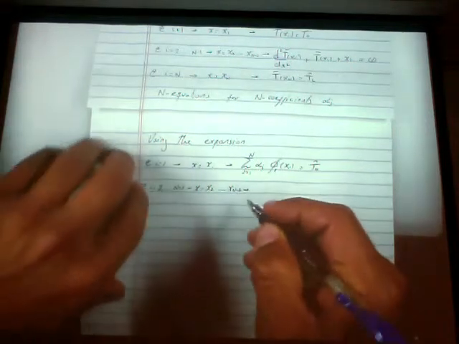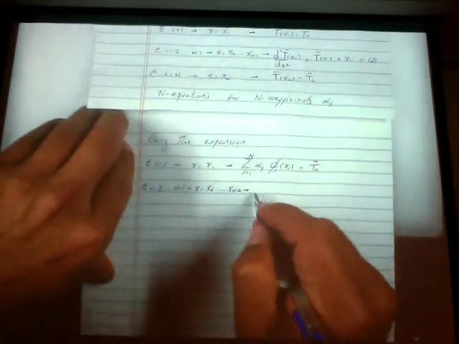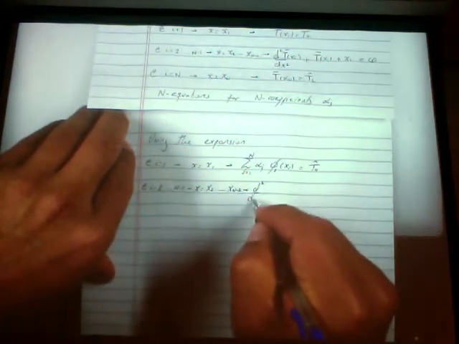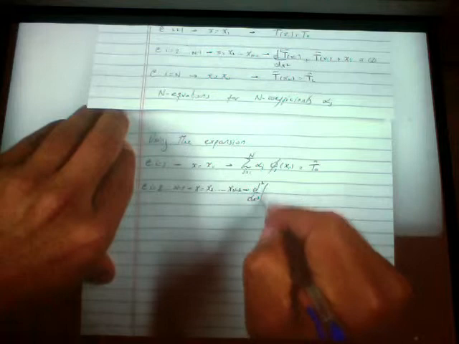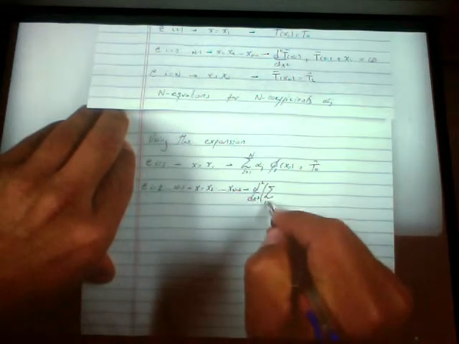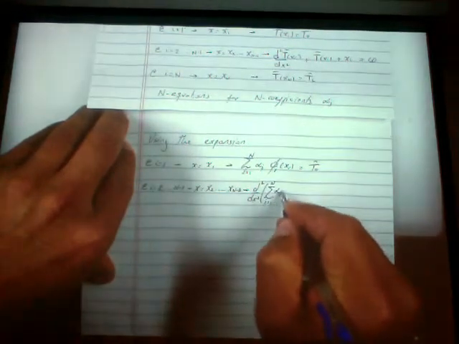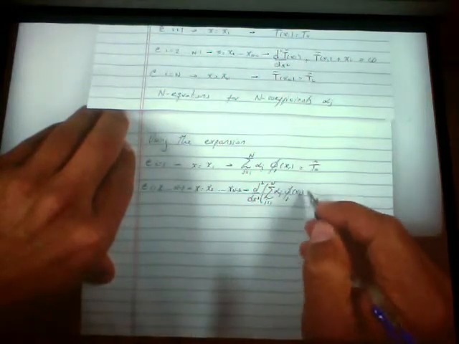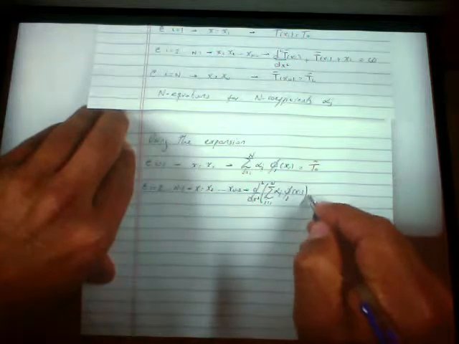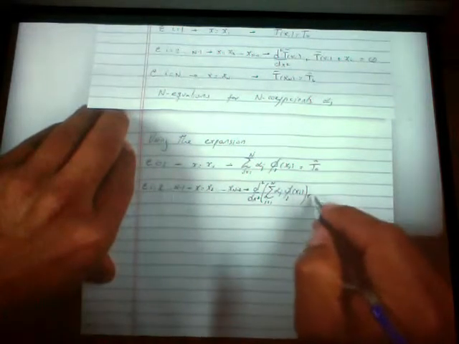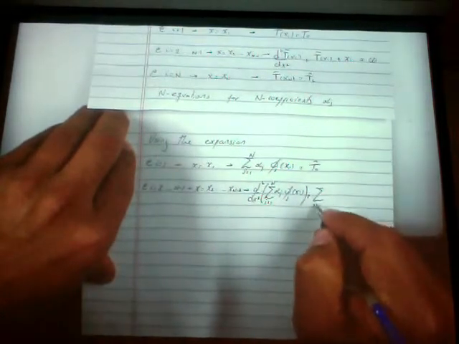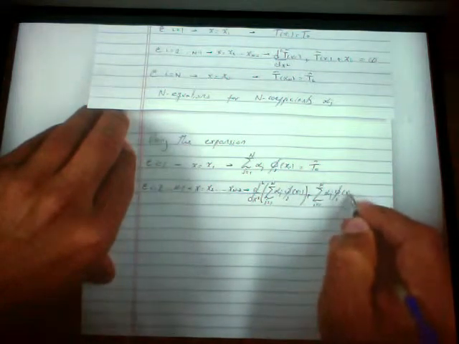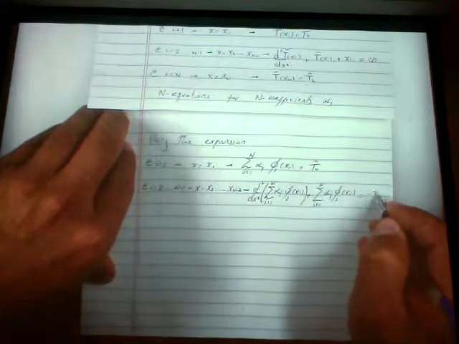And that means that this is the second derivative with respect to x squared of the summation, j equal 1 to n, of alpha j phi j of xi, plus the summation of j equal 1 to n of alpha j phi j of xi is equal to minus xi.